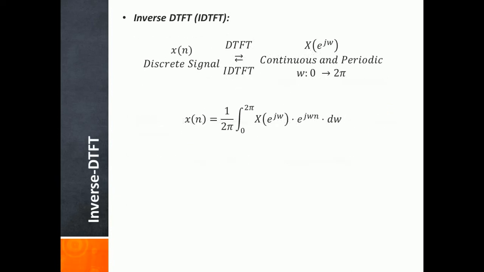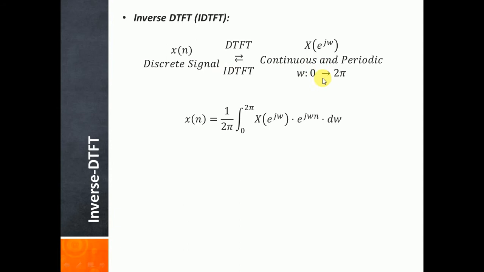Now, extending to that, the inverse DTFT. Notice you took a discrete signal, applied DTFT and changed it to a continuous and periodic waveform in the frequency domain where omega ranged from 0 to 2 pi. Because this is continuous and periodic, if you have to take the inverse of this so that you can get back x of n, the first thing you have to understand is that this is continuous. So the summation changes to an integration.